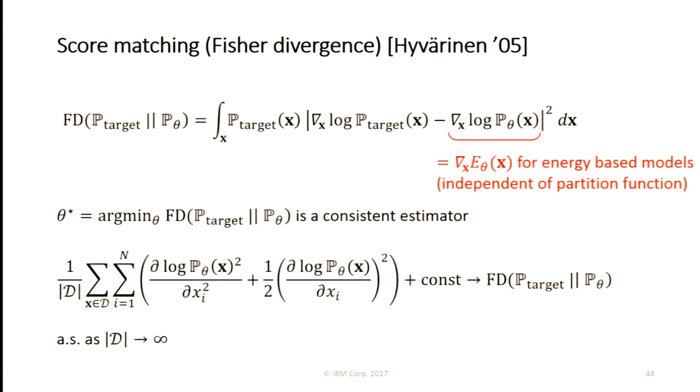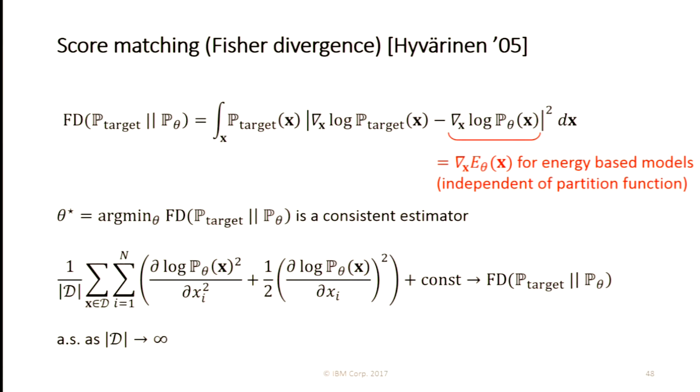What is important to note here is that this gradient is not with respect to your parameters, but with respect to x, with respect to a pattern. So x needs to be continuous in this setting. But a very important property of score matching is that this term is independent of the partition function.